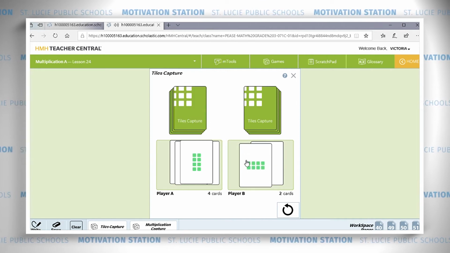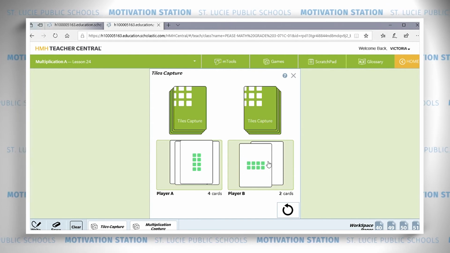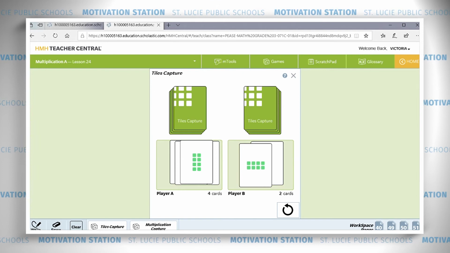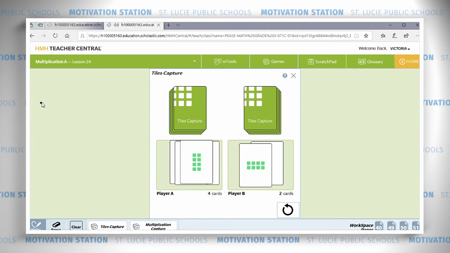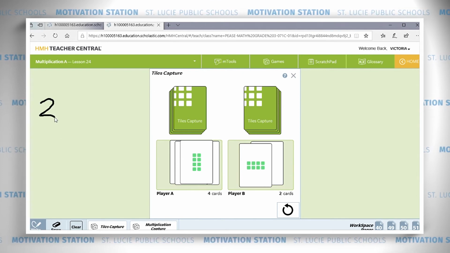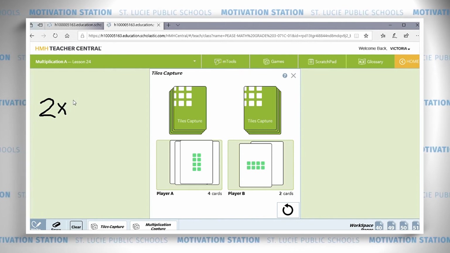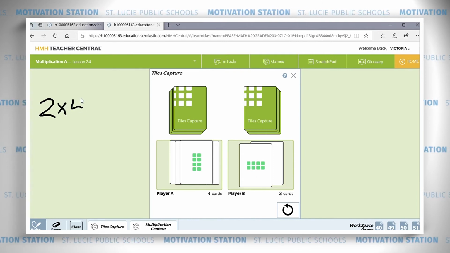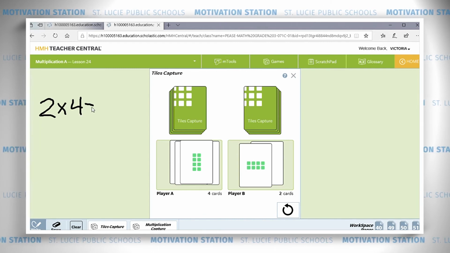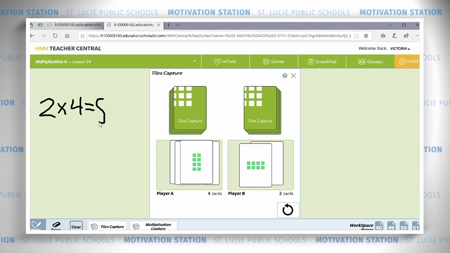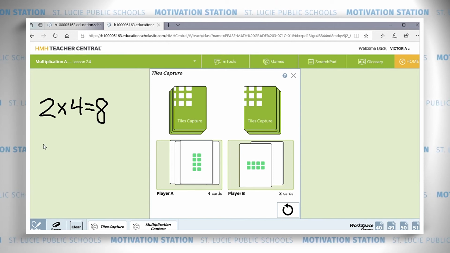So if I wanted to write this using the commutative property, I would take my pencil here. First I'm going to write it by rows. 2 times 4 equals a product of 8. It's the curvy numbers I really have a problem with.